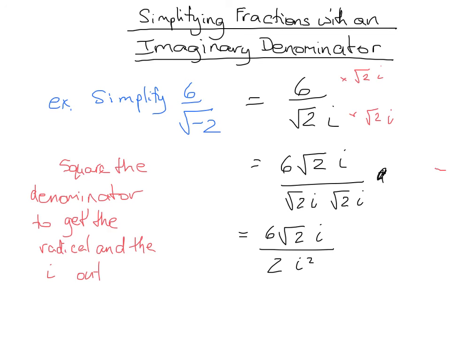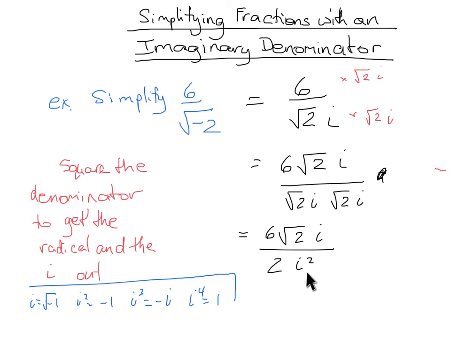Now, remember the 4 things that we should know. I'll put them down here. i is the square root of negative 1. i squared is negative 1. i to the third is negative i. And i to the fourth is 1. Alright, so now we have that i squared here. We can take care of that.